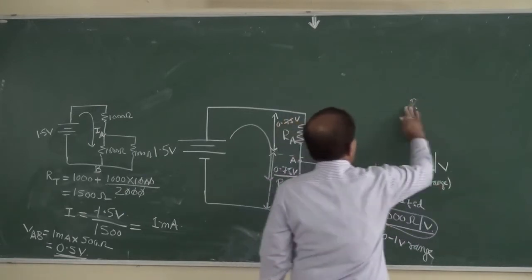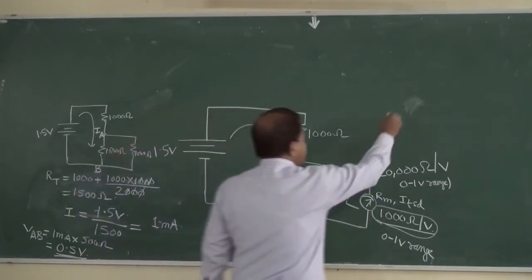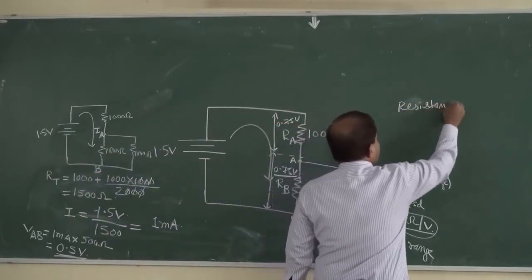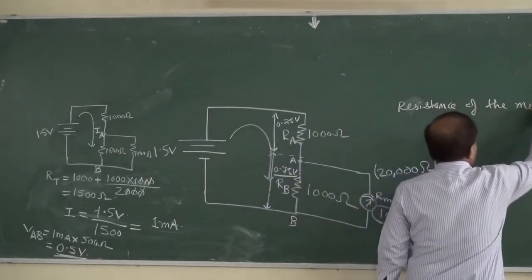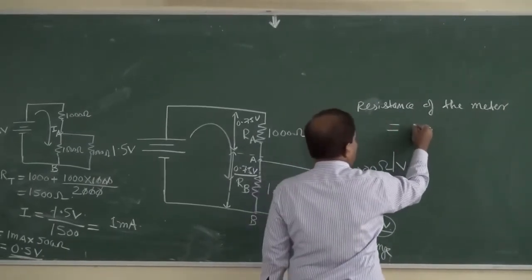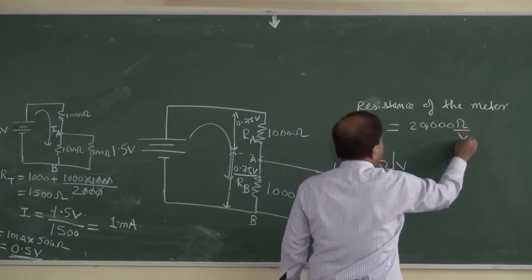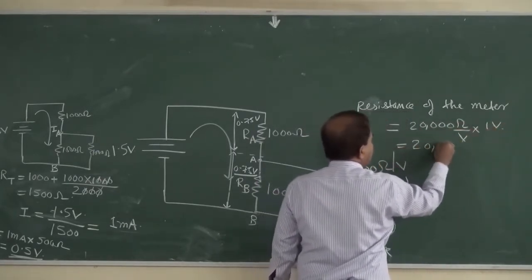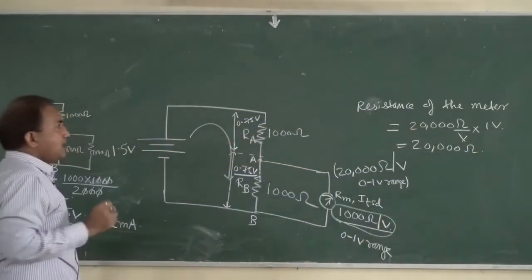Then in that case, first of all, we have to determine the resistance of the meter. Resistance of the meter is equal to 20,000 ohms per volt into 1 volt. So it is equal to 20,000 ohm. Is it okay?